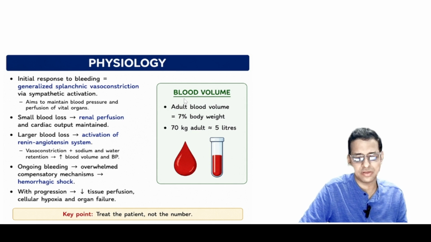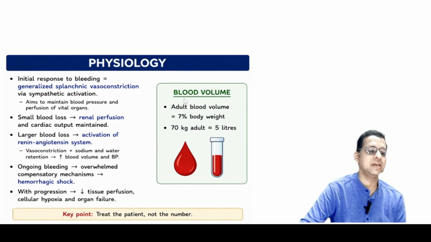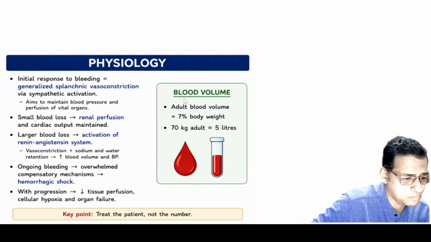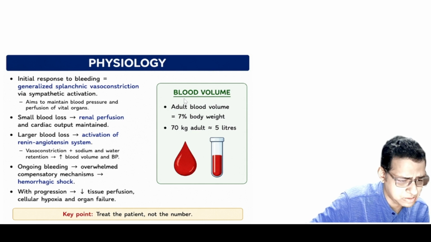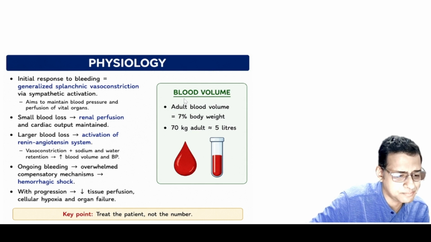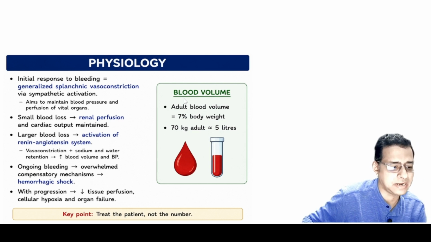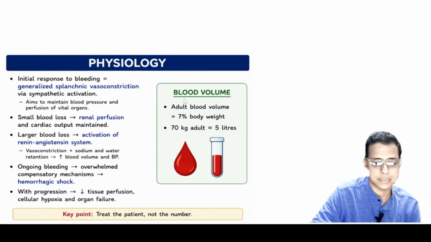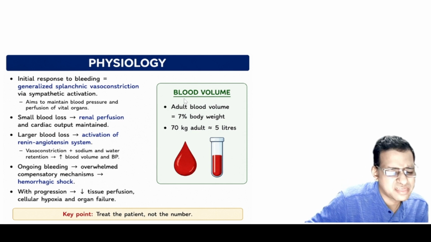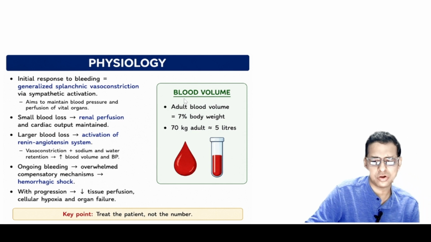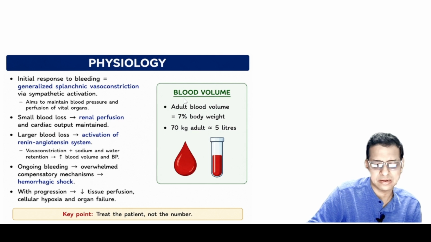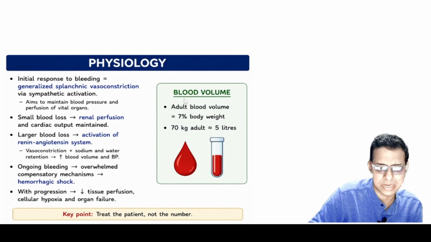So coming to physiology, as I discussed in the previous slide, the initial response to bleeding is due to generalized splanchnic vasoconstriction via sympathetic activation. This aims to maintain blood pressure and perfusion of vital organs. You have to also consider lesser blood loss and greater blood loss. Hemorrhagic shock is a form of hypovolemic shock.